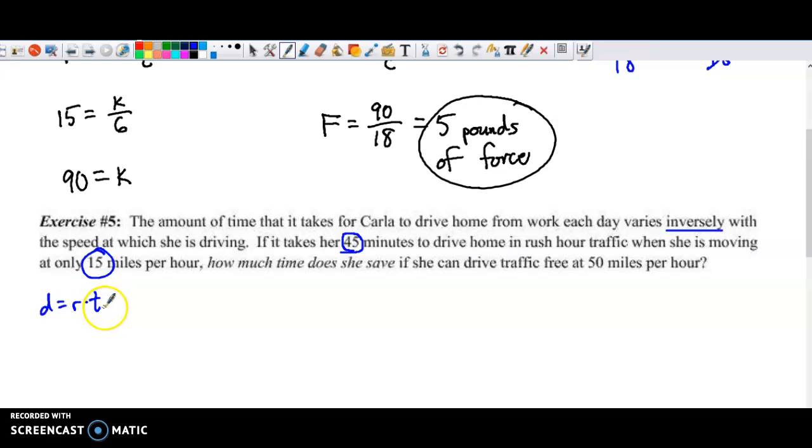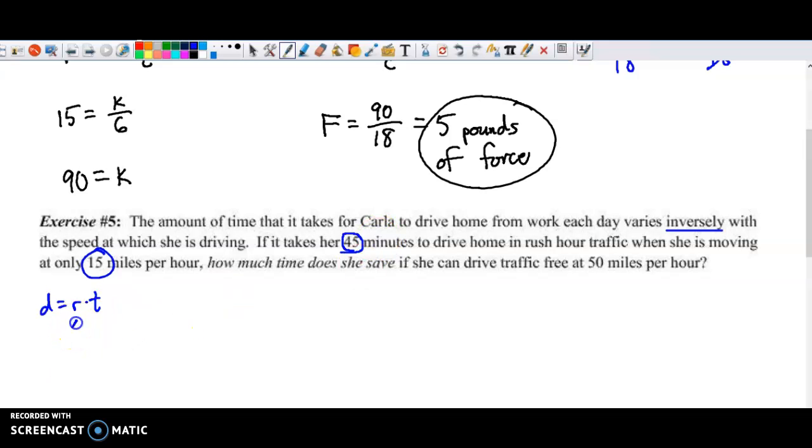But the difference is that what they're doing is it looks like they're solving for a different variable, because the distance stays the same.